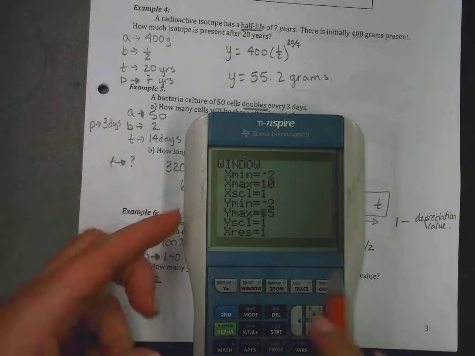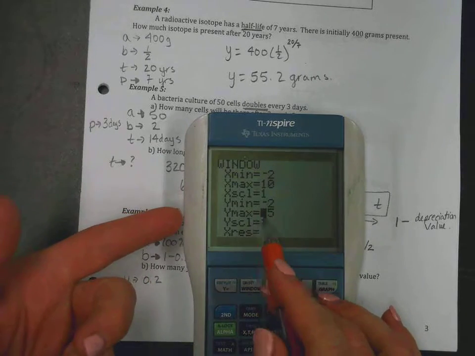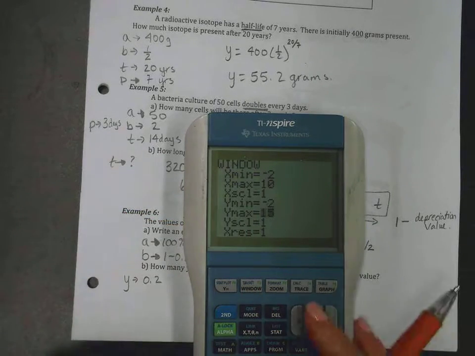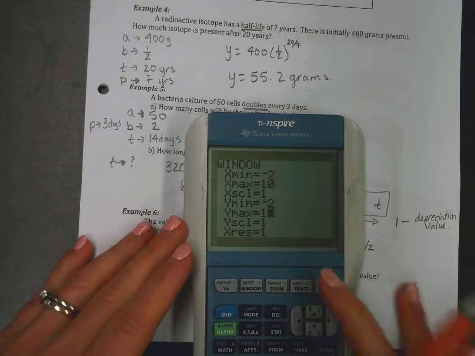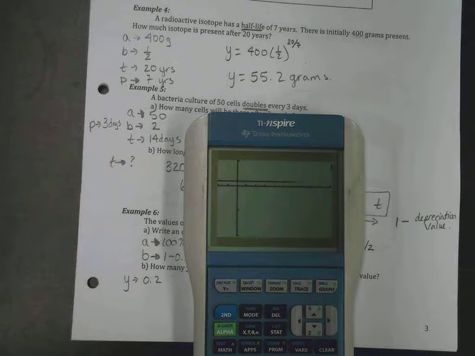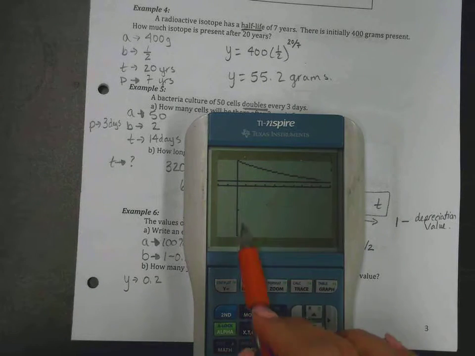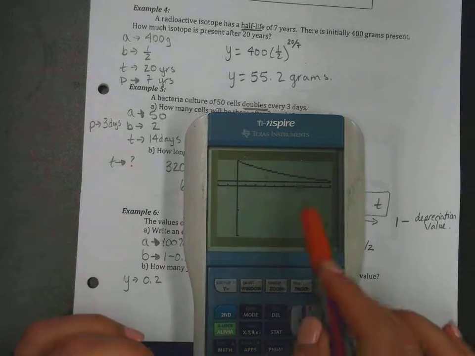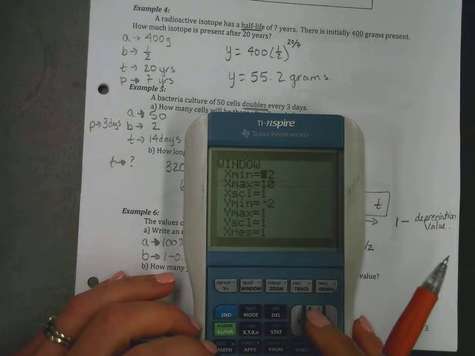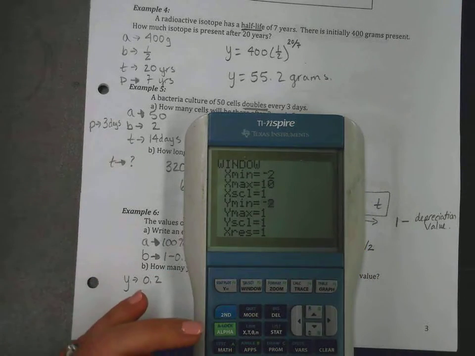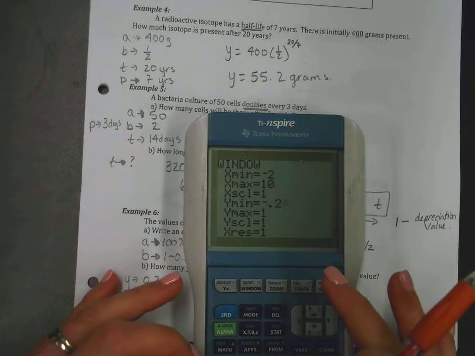For our y value, this is originally just 1. That's what we're starting at, and then it's changing. So I'm going to put that to a 1. So here's our exponential function. I'm going to change my window again to emphasize above my x-axis. So let's maybe put that to like 0.2.